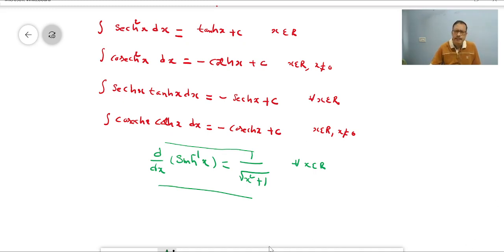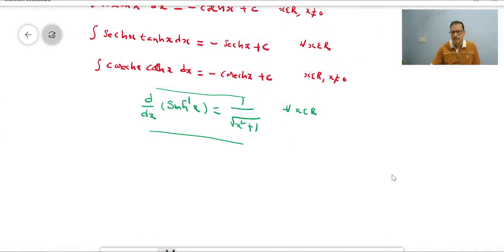So integrating this function 1 by root of x square plus 1, we get sine h inverse of x. So what is the formula for the integral of 1 by root of x square plus 1 dx? Sine h inverse of x plus constant.